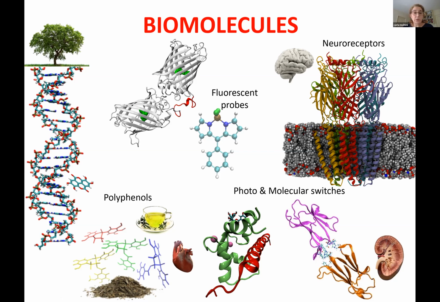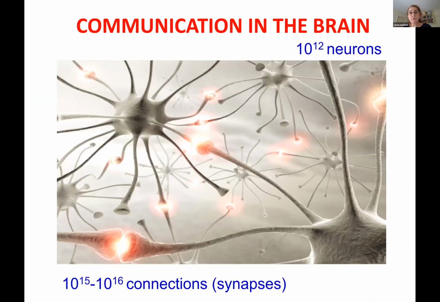So I said that I will focus on the neuroreceptors and their environment and what are the challenges, and also the opportunities that are available at these times with the development of new experimental methods and also new computers and new techniques and so on.